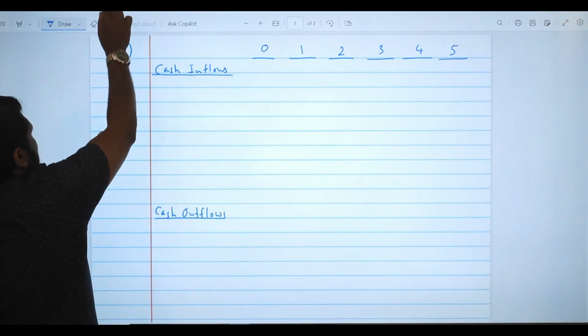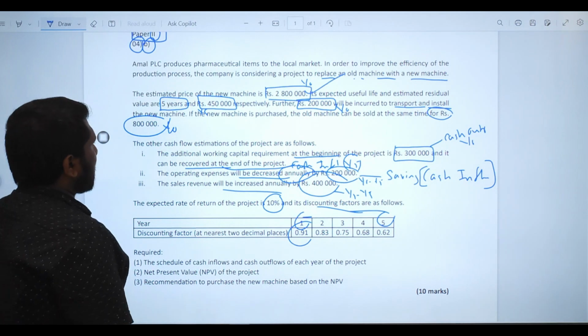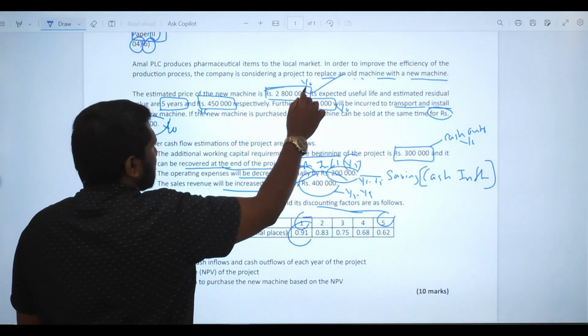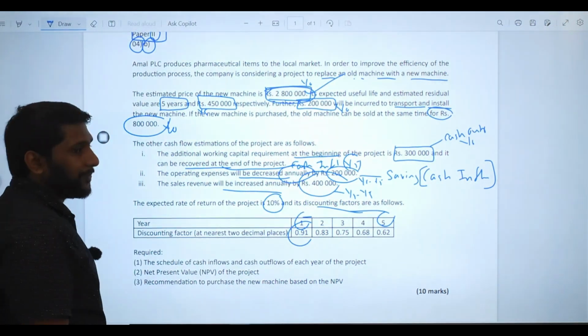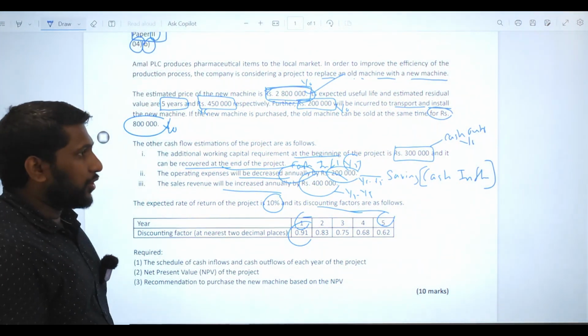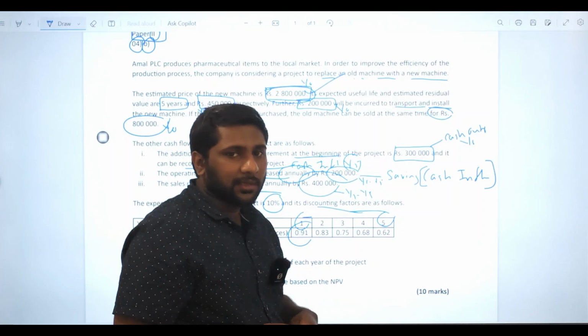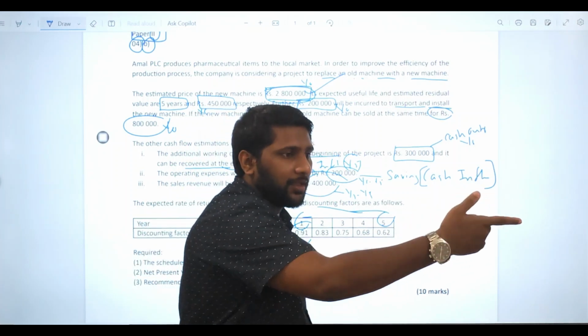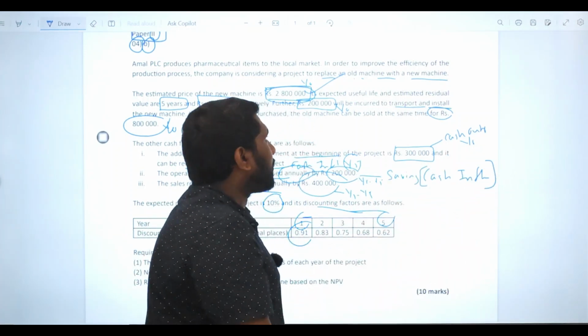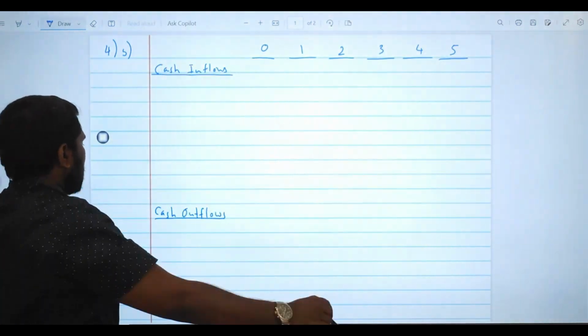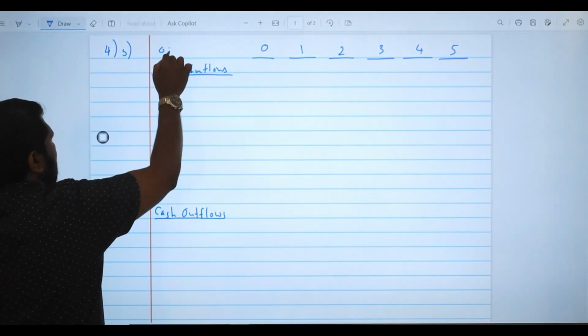So now let's go to the question. Here first one, they have given the estimated cost of purchasing the asset, 2.8 million. So it is going to be a cash outflow for me, because when I am purchasing the asset, I have to pay money. So my cash is going out. I'll do the calculation in thousands.